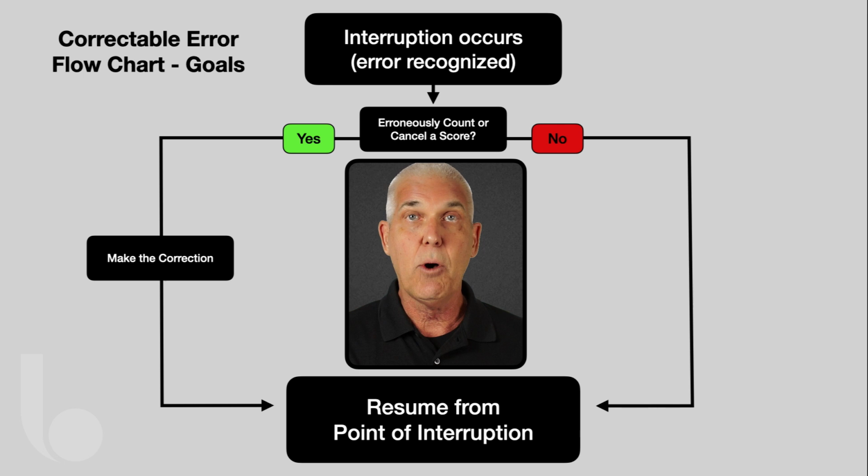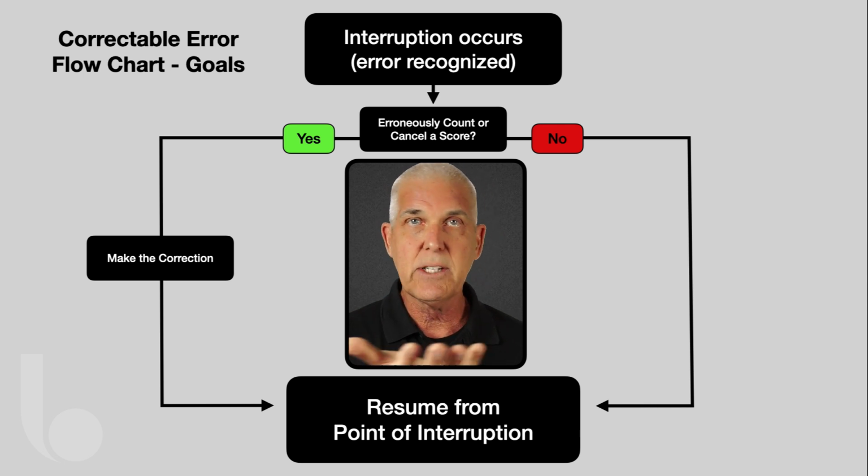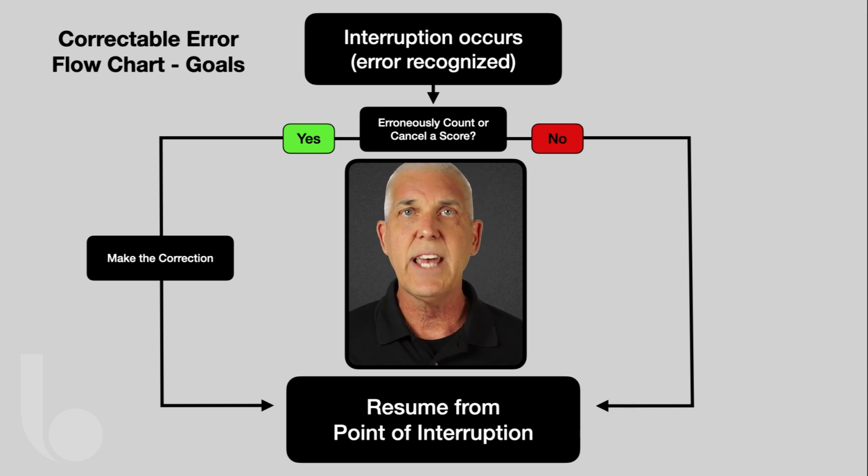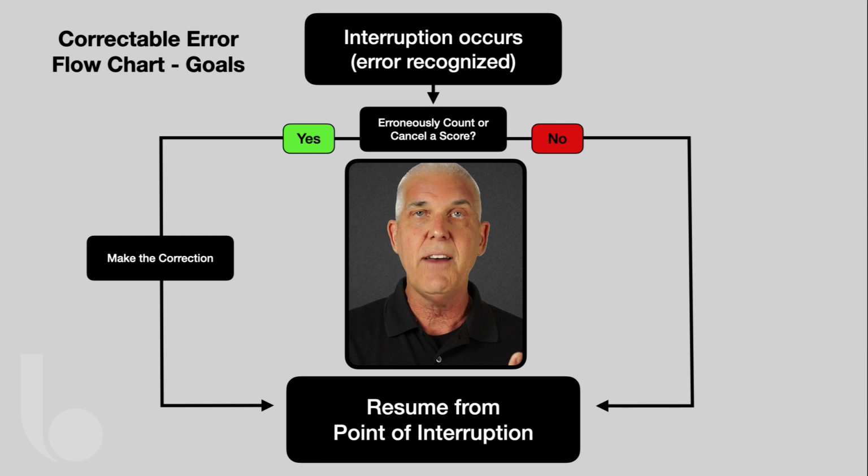The ball becomes dead, the ball becomes live. The other team brings the ball up the court. The coach says, hey, that was a 3, that was a 3, right? The officials stop play. We're within the correctable error time frame. Yes, actually that was a 3, right? The official just erroneously failed to score the goal and indicate that it was a 3-pointer. We're within the window, and it's simple, correct or not, right?